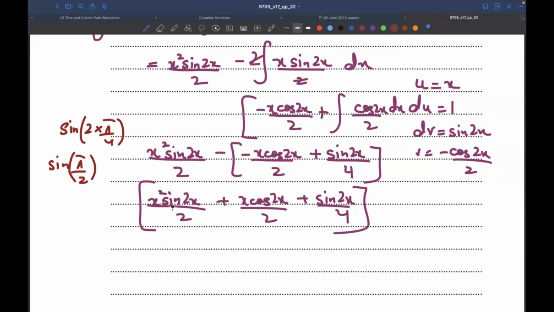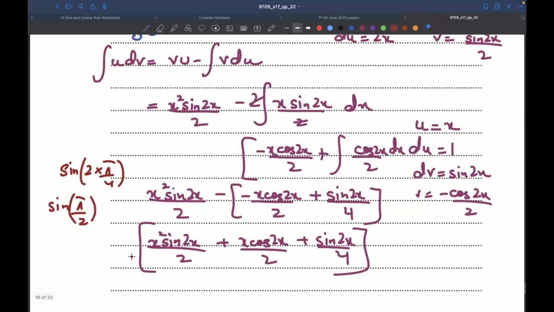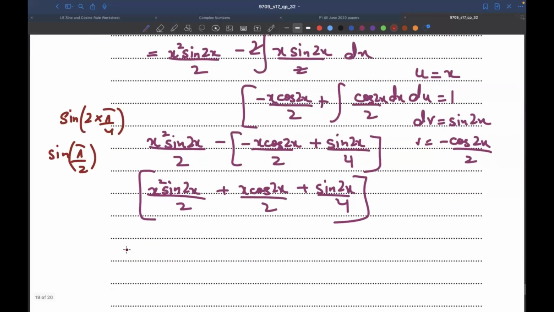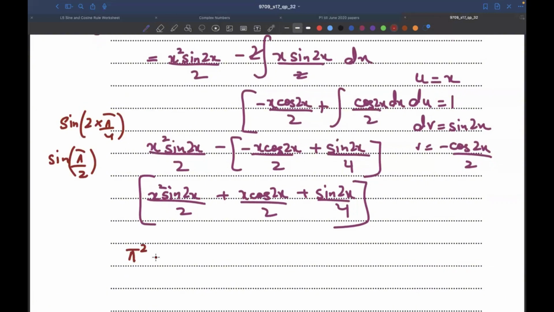So x square, where x is pi upon 4, will become pi square upon 16 into 1 upon 2, plus pi upon 4. Cos 2x will become, again, when we write x equals pi upon 4, cos pi by 2, which is 0. So this whole term will become 0, so we don't have to write it down. And then sine 2x is 1.